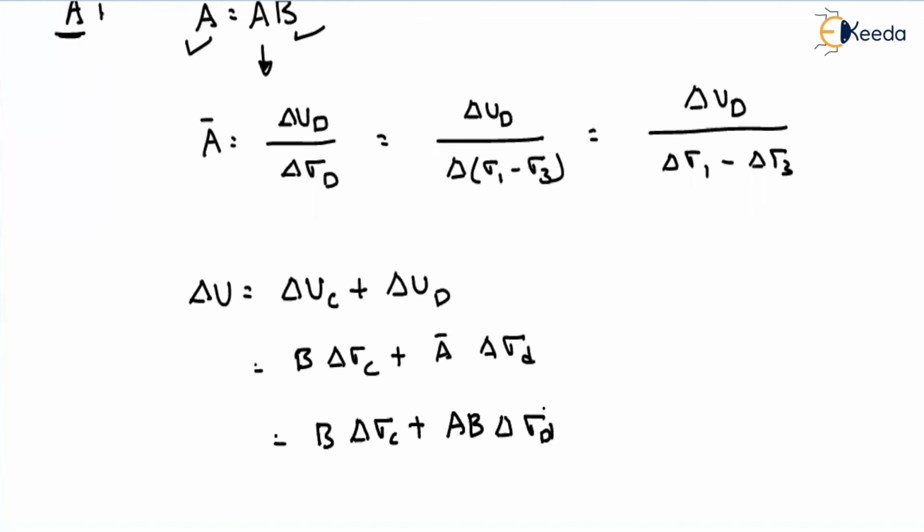If I want to express this in terms of the principal stresses, then my total change in pore pressure will be equal to B into the change in confining pressure, which I can write as the change in minor principal stress, plus A into B into the change in deviator stress.